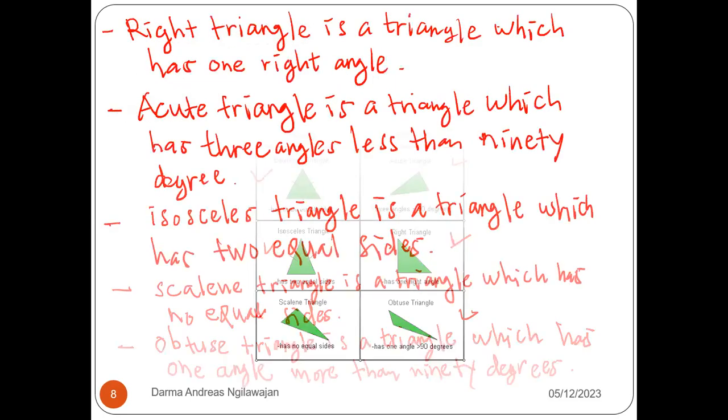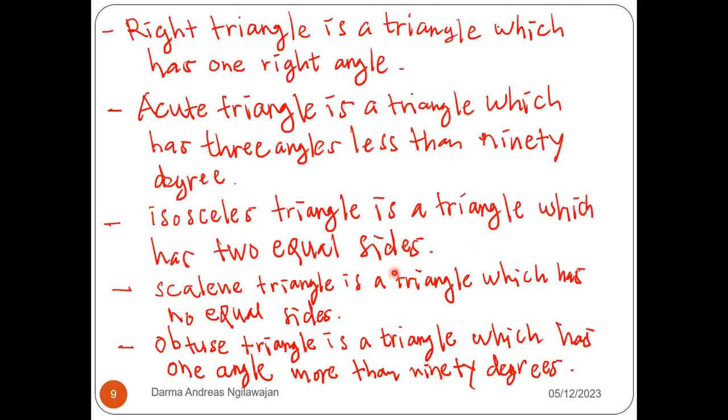Okay, let's continue. As you can see, examples of the using of those triangles in the previous slide. We make sentences by using those triangles.